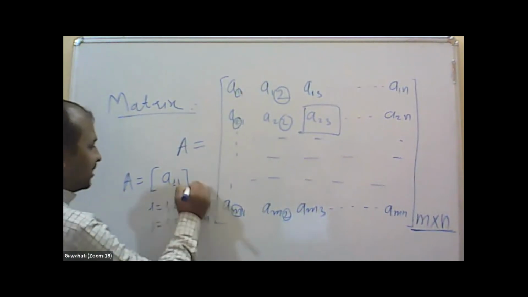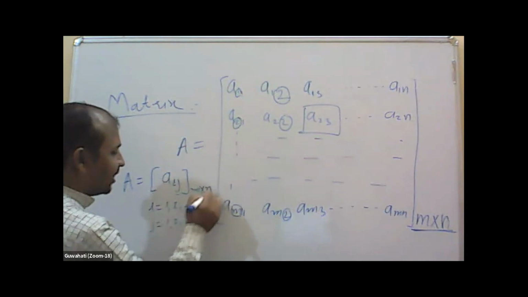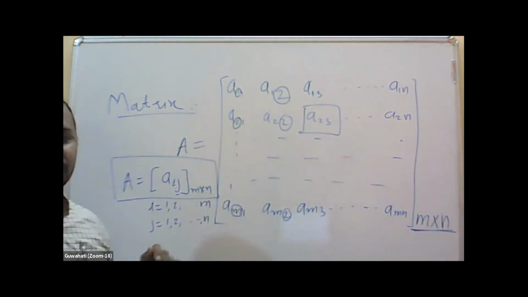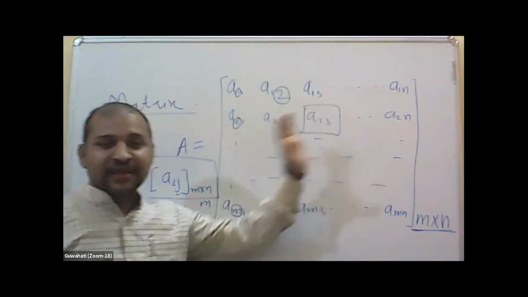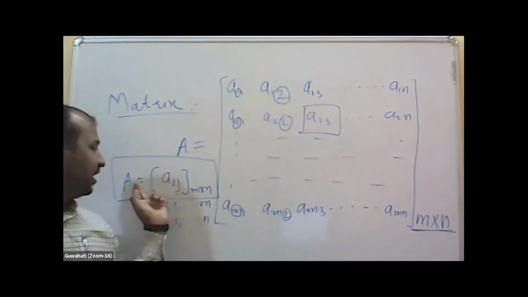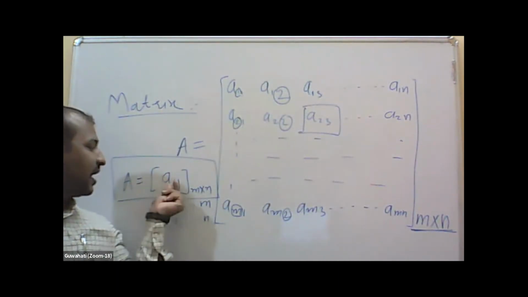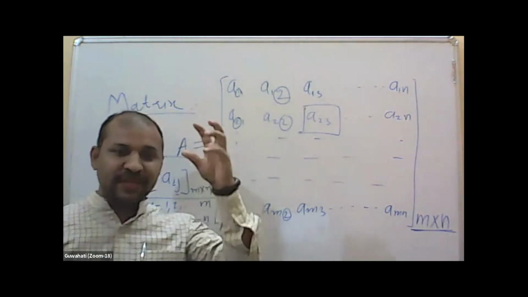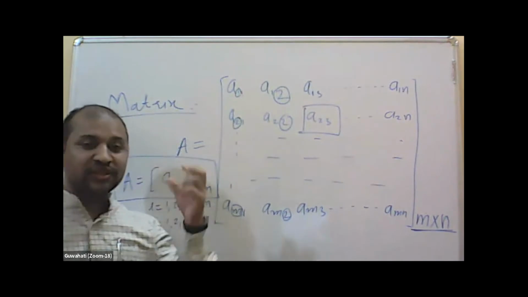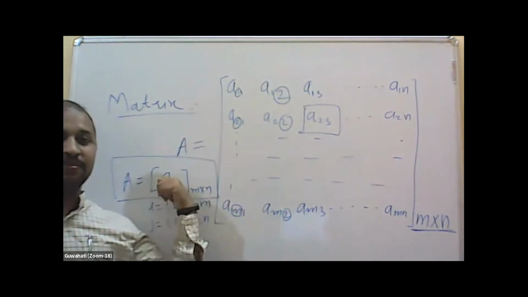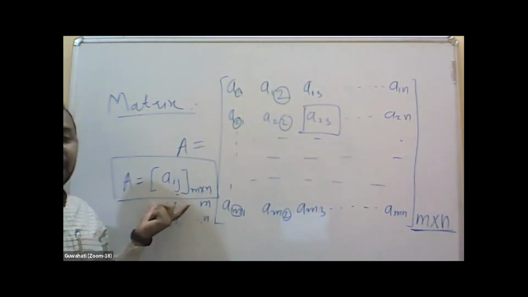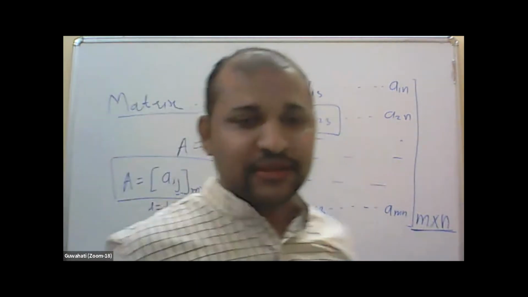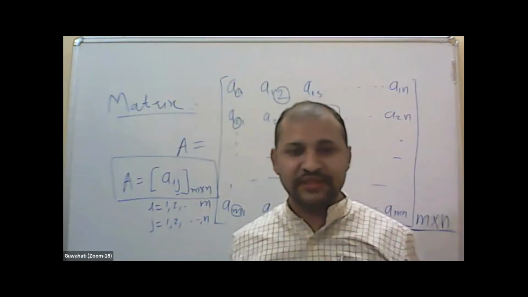So I can write this as m cross n. This is the simpler, short form of writing this big matrix. A equals Aij, where i represents the row position of that element and j the column position. Is it clear? This is the general representation of the matrix.